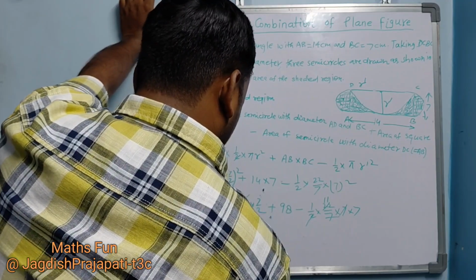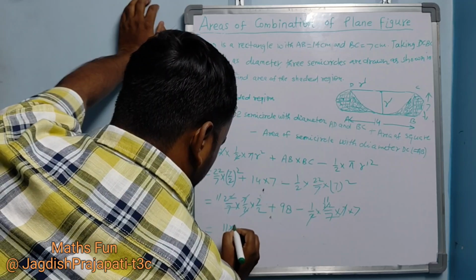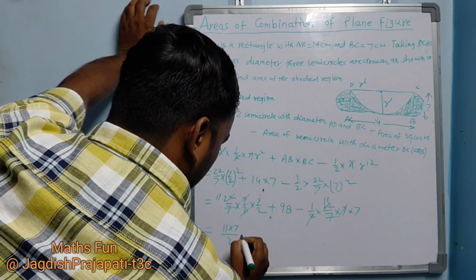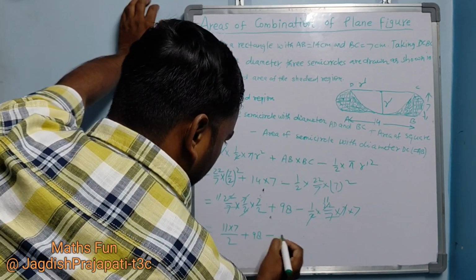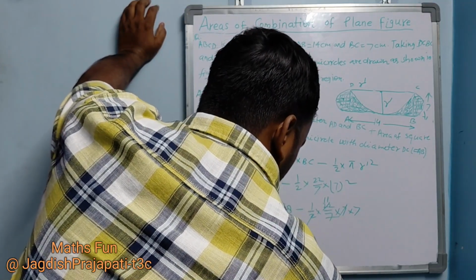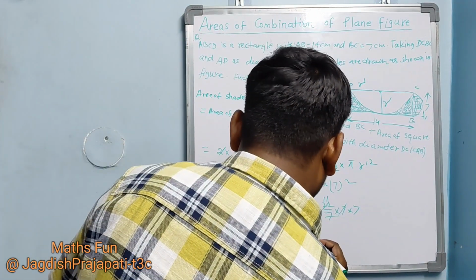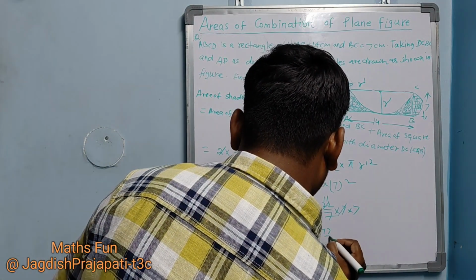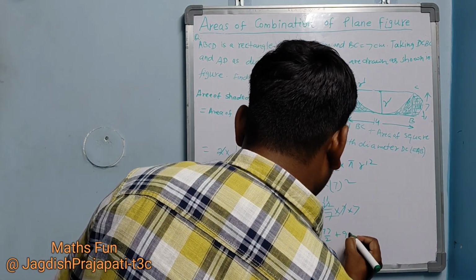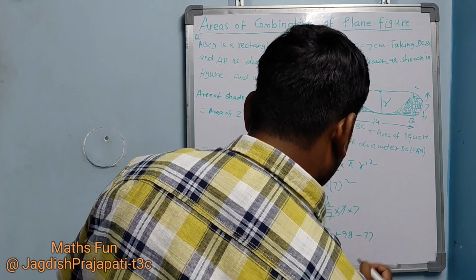So now we have 11 into 7 by 2 plus 98 minus 11 into 7. So solve this: 77 by 2 plus 98 minus 77.